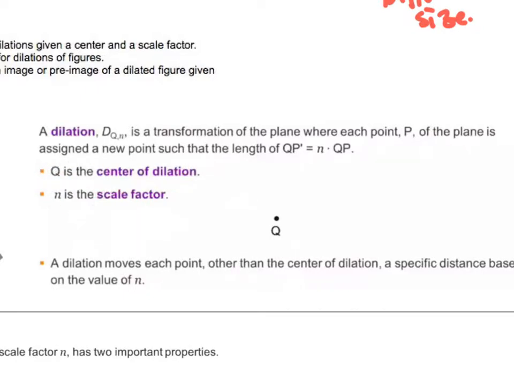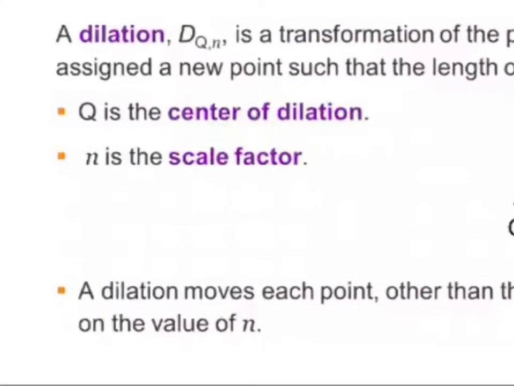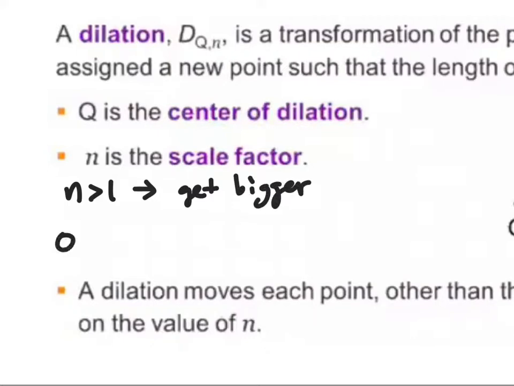If n is larger than 1, that means the figure gets bigger. If n is between 0 and 1, so if n is a fraction, that means we get smaller.